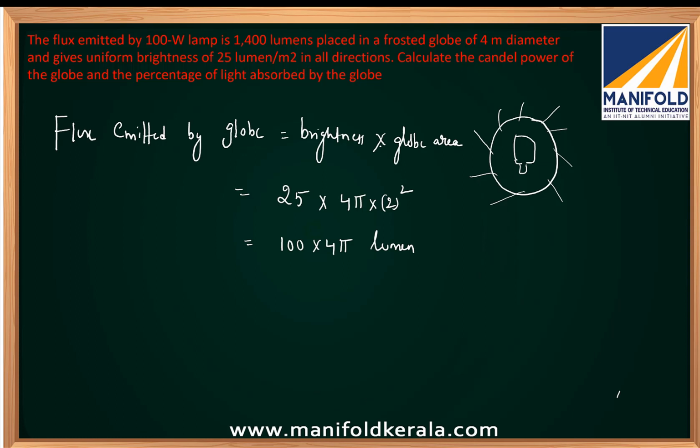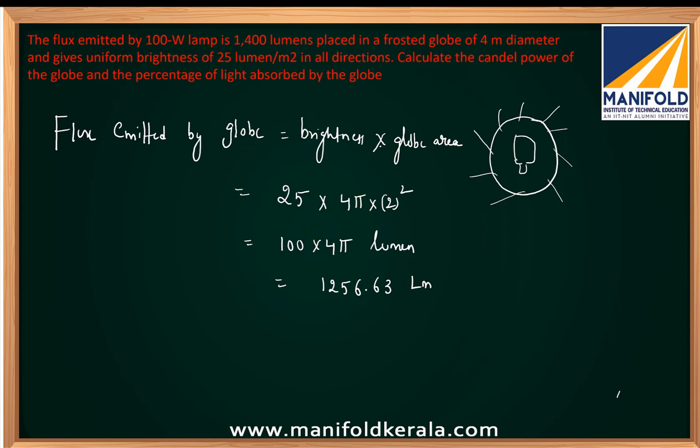So this amounts to 1256.63 lumen. Now, what is the total lumens emitted by the lamp? It is 1400, but the globe is emitting only 1256.63 lumen.